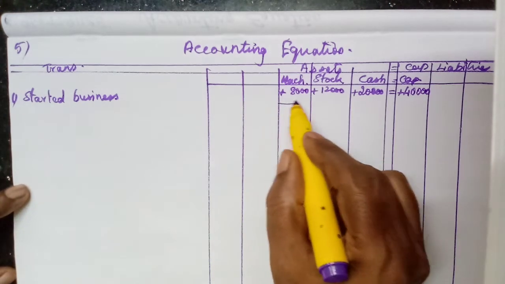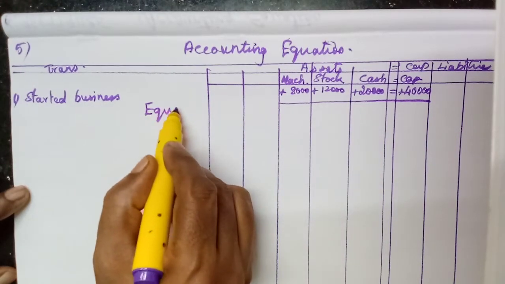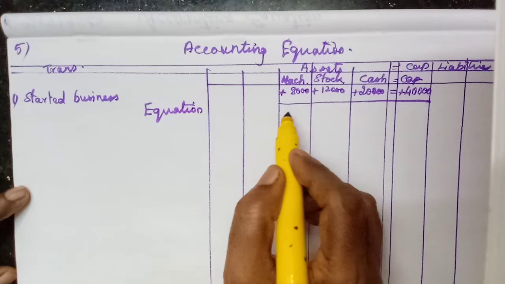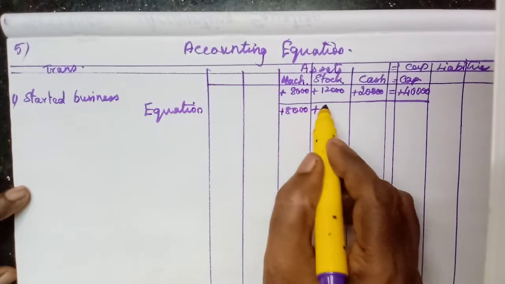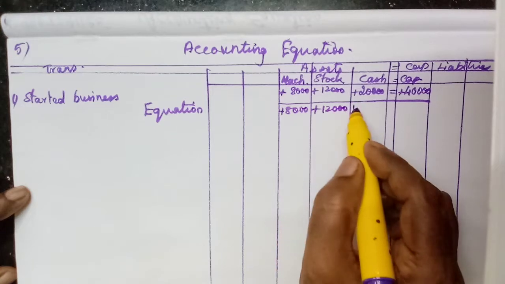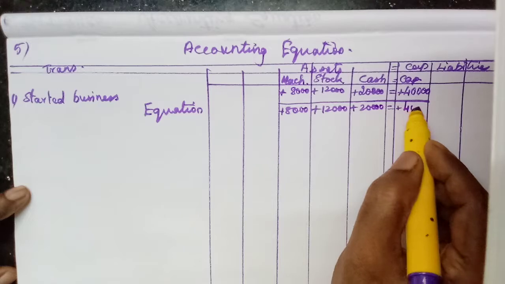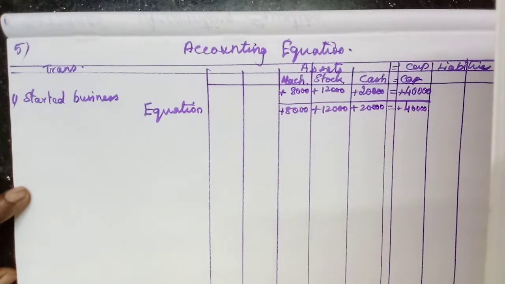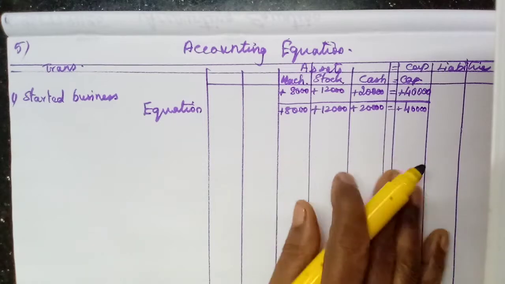Okay, now you draw the line and write the equation. Same thing only will come. 8,000 plus 12,000 plus 20,000 equal to 40,000. A little bigger line we should have drawn. We have to leave a little more space and draw.